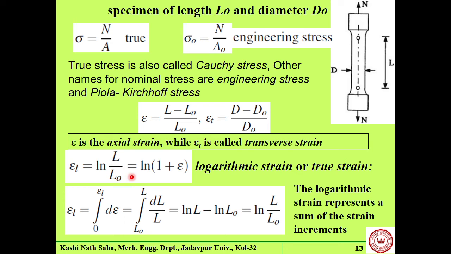This means 1 plus delta L by L0, and that delta L by L0 is epsilon, the engineering strain. So this true strain is the natural logarithm of 1 plus engineering strain. This establishes the relationship between the logarithmic strain and the engineering strain. Is this clear?